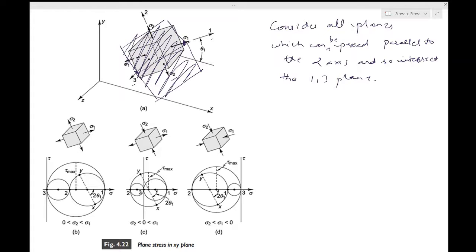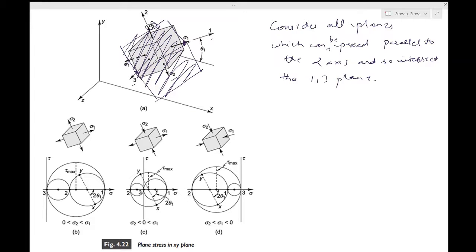Okay, now the stress sigma 2 would have no influence on the stress components on these planes.